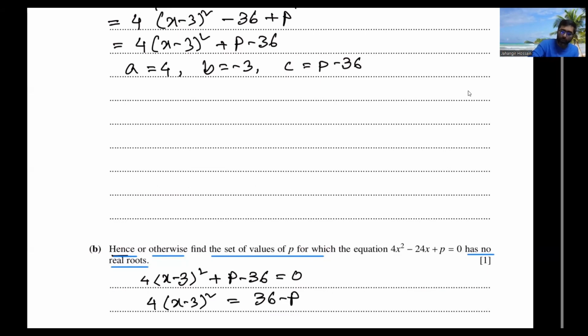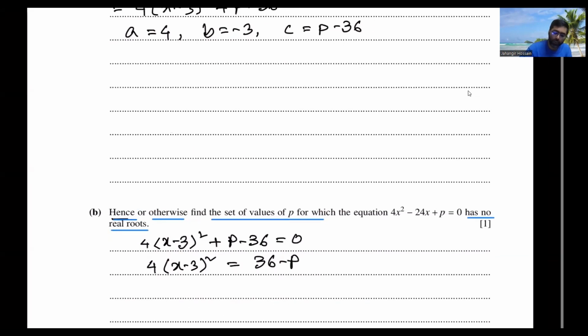Now, what we have to find is the set of values of p for which the equation has no real roots. The equation will not have any real roots if the right-hand side in the second line is negative. If the right-hand side is negative, then what happens?